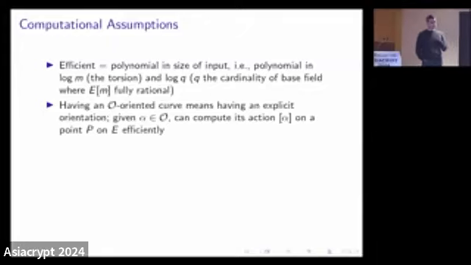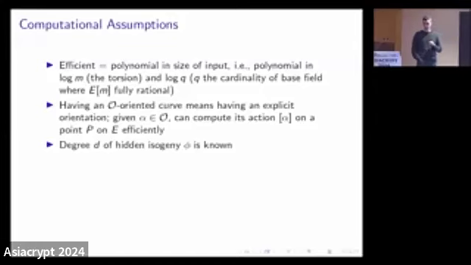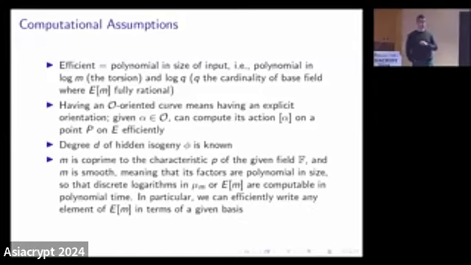So if we're given some alpha in the order, we can actually compute its action on a point P on the curve efficiently. We assume also that the degree of the hidden isogeny is known. And finally, we assume that M is fairly nice. Not only is it coprime to the characteristic of F, but it's smooth. So this will allow us to assume that discrete logarithms are computable in polynomial time, and that we can efficiently write any element of the M torsion in terms of a given basis.